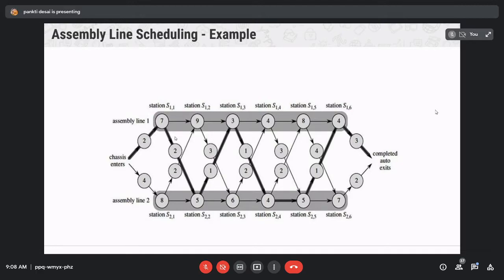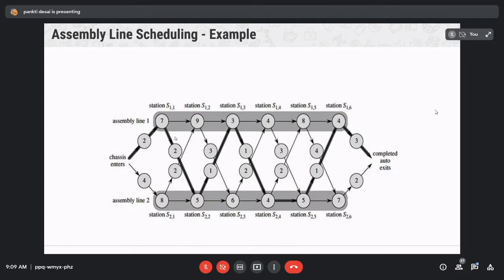The goal of this problem is to compute the fastest assembly line time. The fastest time from entry S1N and from entry S2N for assembly line 1 and 2 respectively. Then we have to consider the exit points X1 and X2.